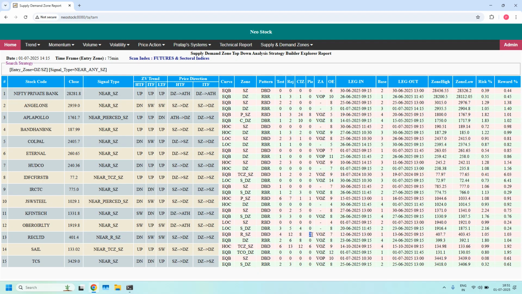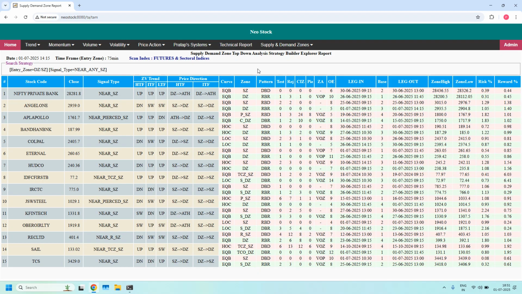REC Limited is not valid because it is a pierced zone. No, we don't have any 75 minutes high liquidity supply zones from this list. No HLQ zones from 75 minutes supply zones. Okay, so this is about daily and 75 minutes HLQ zones.